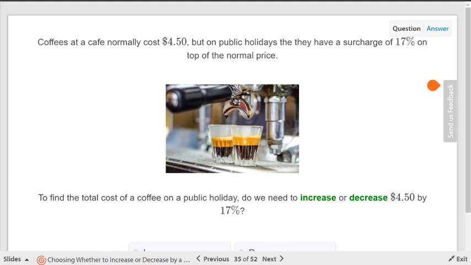Sorry, my brain just wasn't registering for a second. 117 divided by 100. Yeah. And is that 1.17? Yeah. So times $4.50. Go ahead and work it all the way out and find out how much that cup of coffee is going to cost.